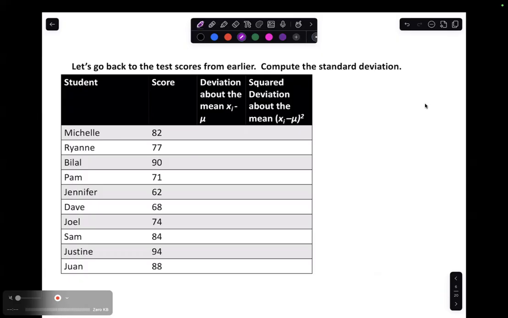Our mean here was 79. Oh, wait, I forgot we are going to do a sample standard deviation, but don't worry. Okay, our mean was 79.